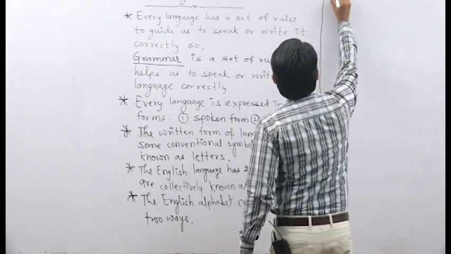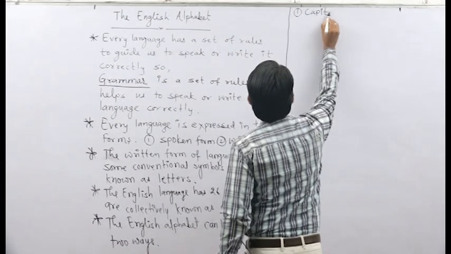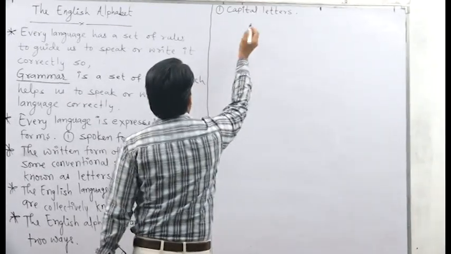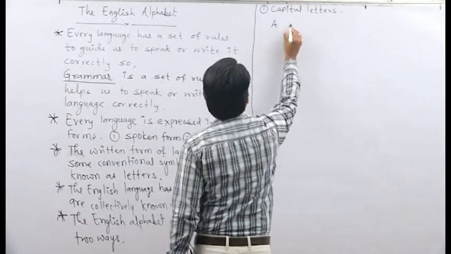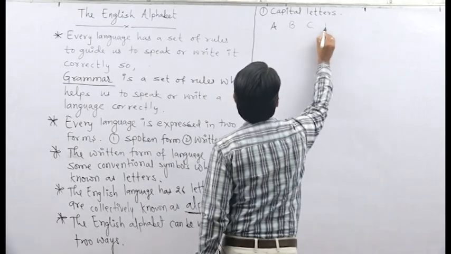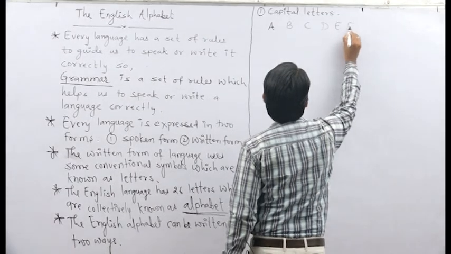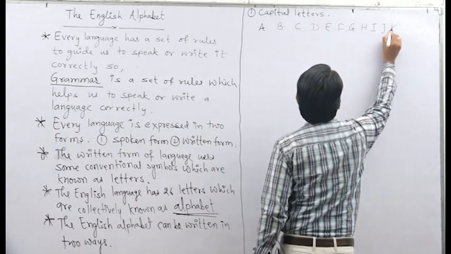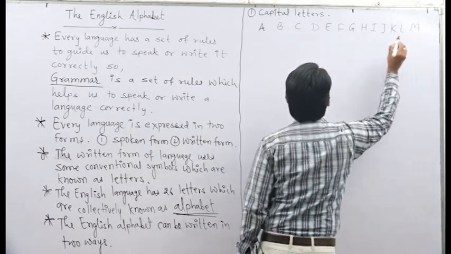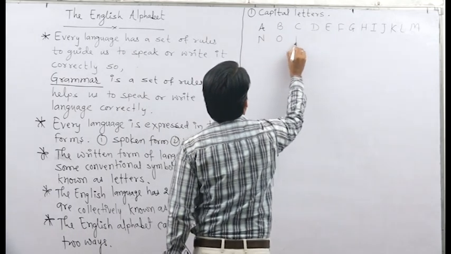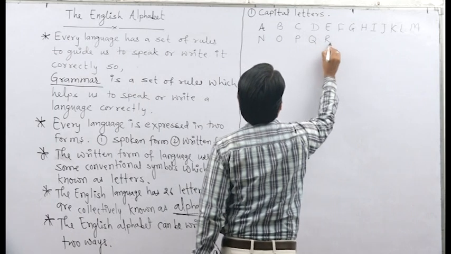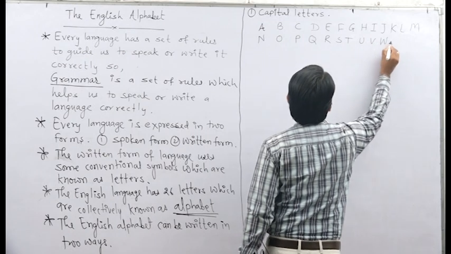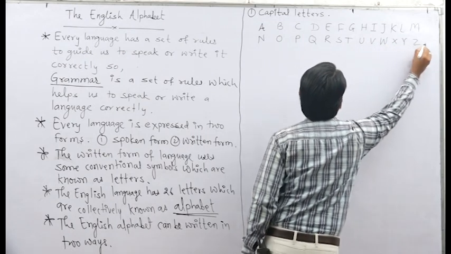Number one, capital letters: A, B, C, D, E, F, G, H, I, J, K, L, M, N, O, P, Q, R, S, T, U, V, W, X, Y and Z.